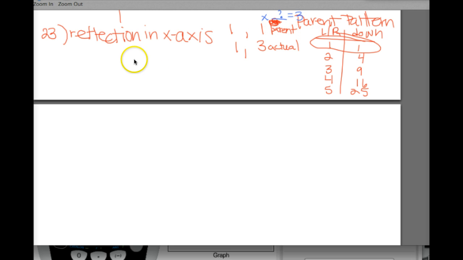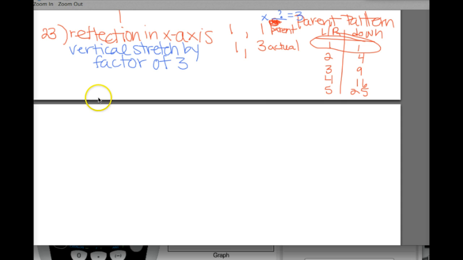Obviously, the answer there is 3. So that means this is a vertical stretch by a factor of 3. You're never going to have a vertical stretch and a horizontal stretch or shrink in the same problem. So once I've done that, I'm done with my transformations.